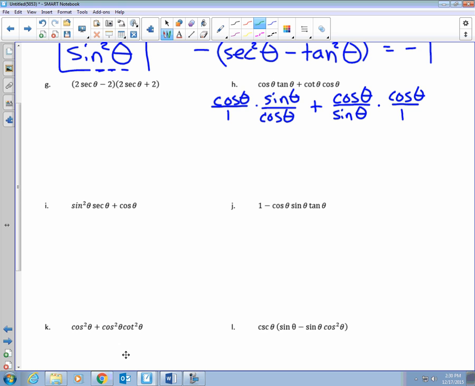A couple really nice things happen here. First of all, what happens to the cosines? So we get sine of theta over 1 plus, what happens here? You get a squared. And getting squareds is a good deal, isn't it?